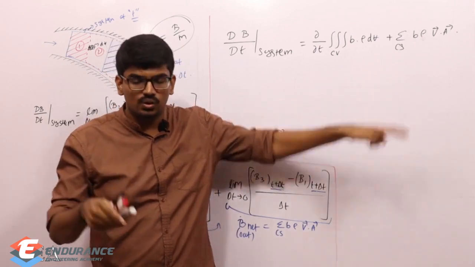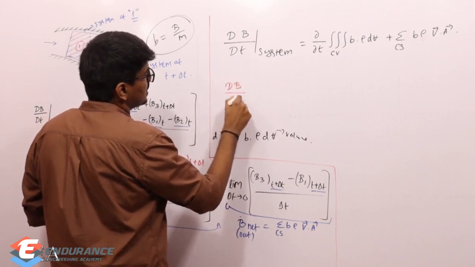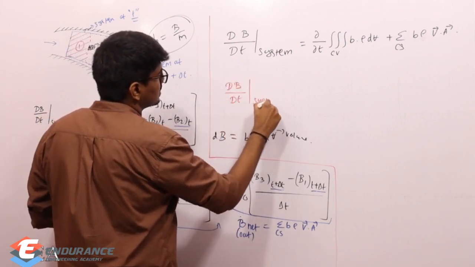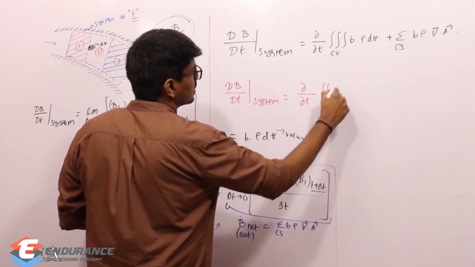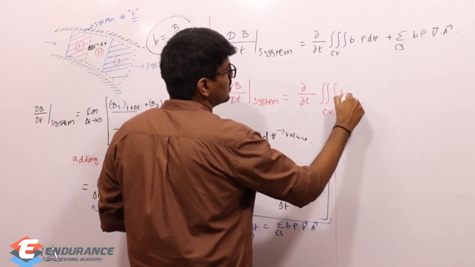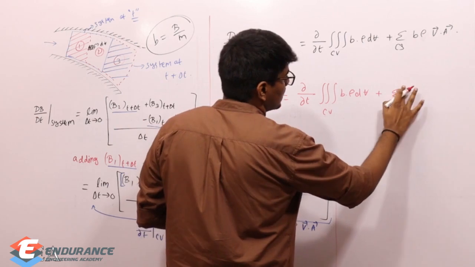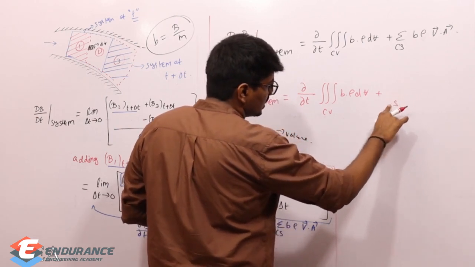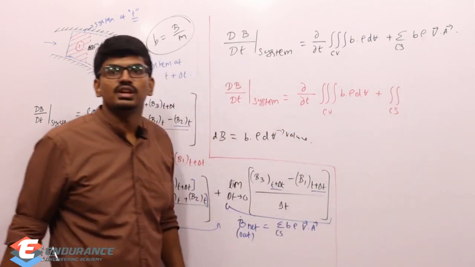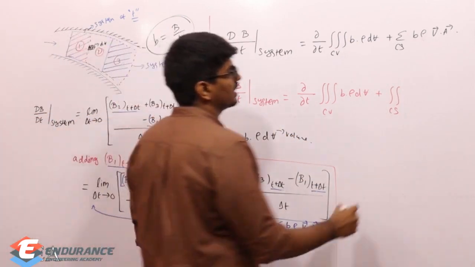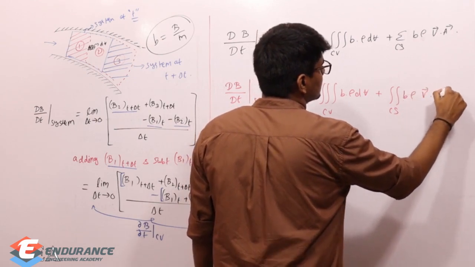If the velocity profile was non-uniform, then dB by dt of my system will be equal to dou by dou t of the control volume integral of b into rho into dV, plus, I am very sorry, the double integration over the control surface of b rho V vector dot dA vector.